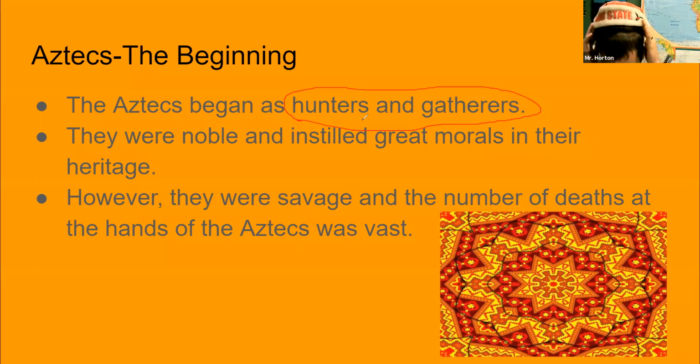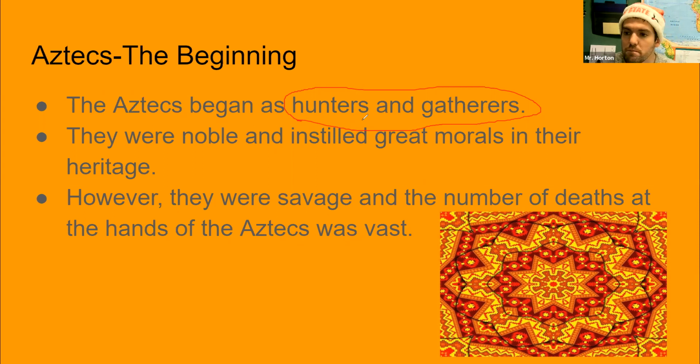So they had to hunt for their food, hunting different animals like coyotes and mammoths and rabbits for their meat. And they also gathered different fruits and other grains as they saw them in the fields as they walked by. So they didn't know how to grow their food yet.